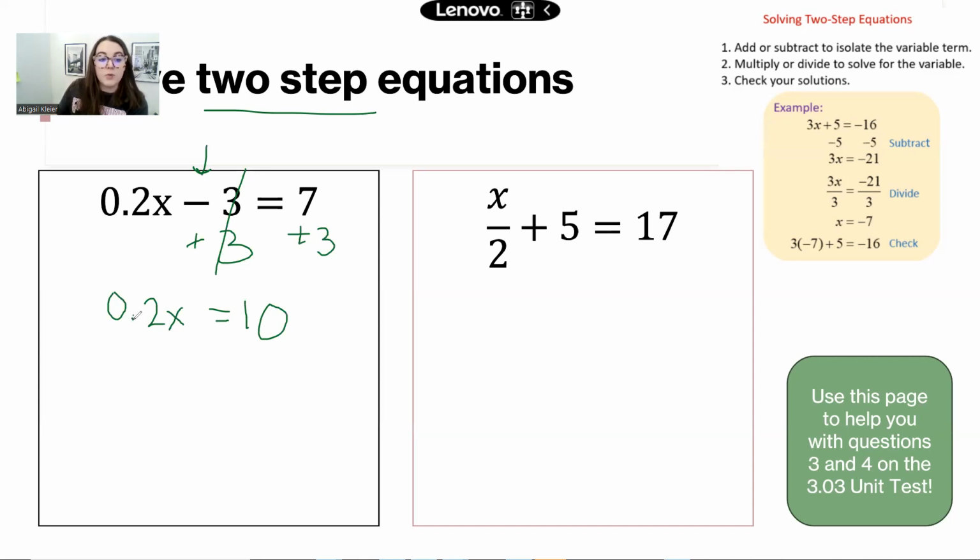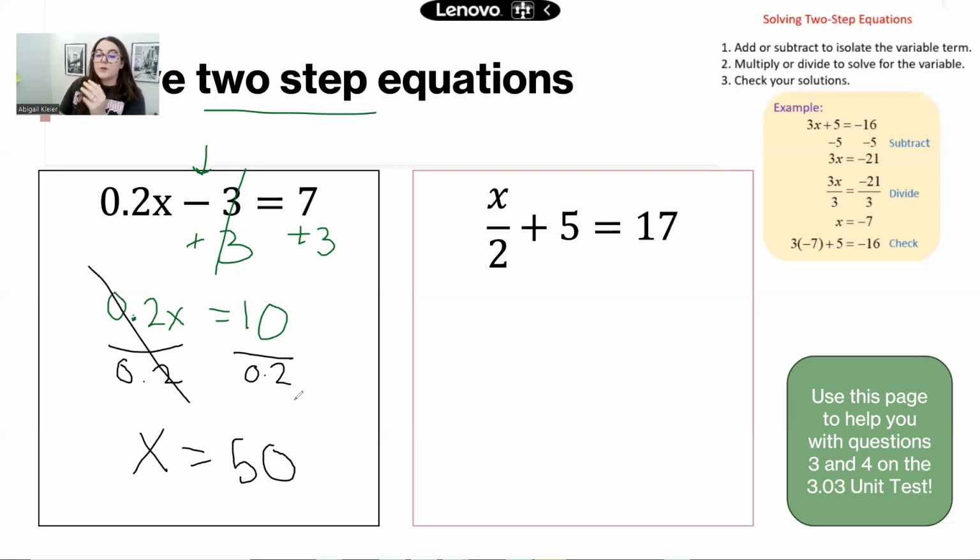I have this 0.2x, that means it's being multiplied. So in order to undo that, I am going to divide both sides by 0.2 in order to cancel that out. Now my x is isolated. I have 10 divided by 0.2, which is 50.